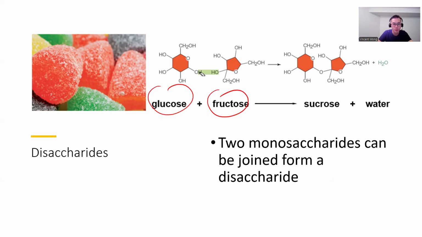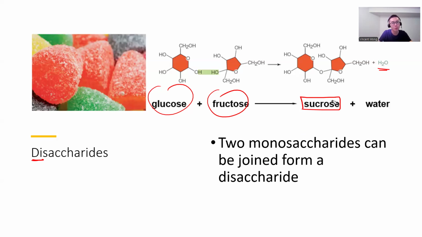You can see here, you remove the hydrogen, remove the OH here, and you can connect them together, form a bond. And of course, you're going to remove the water molecule. And in the end, you have a sucrose molecule. So now it's no longer a monosaccharide. It's no longer a single sugar. It's double. So it's called a disaccharide.